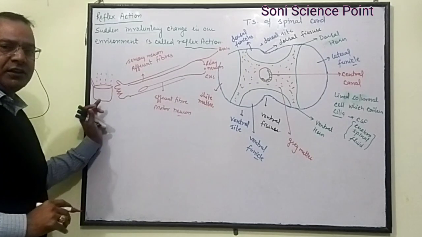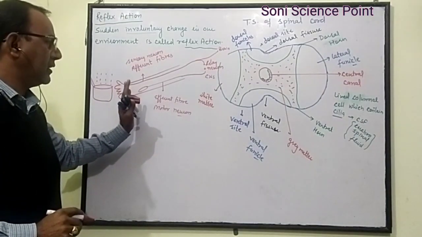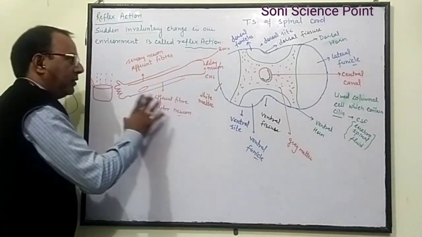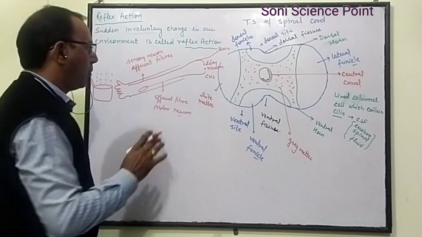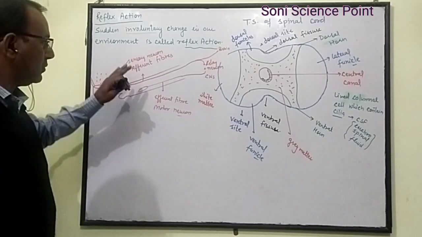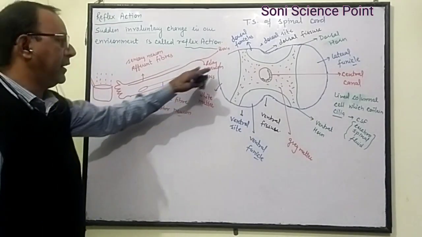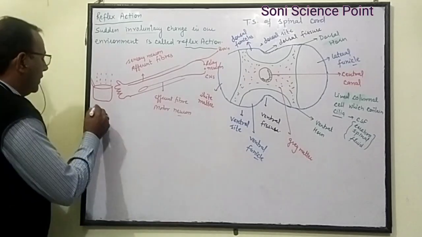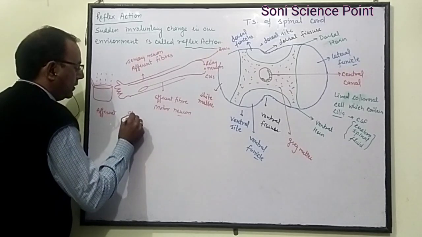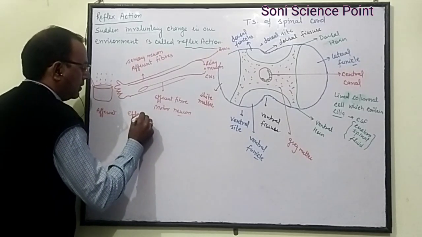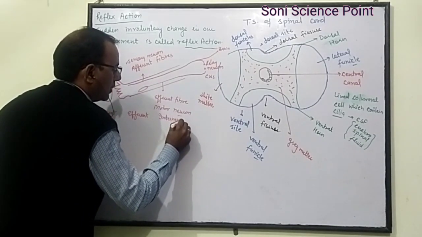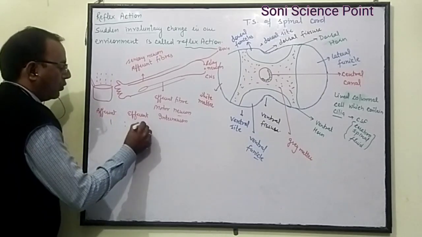So the action is completed within a few seconds by this type of system: sensory, motor and relay. To complete this, there is a ratio of afferent, efferent and interneuron, which is 1:1:1.